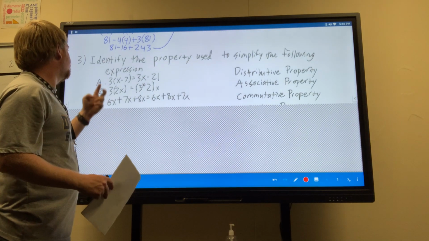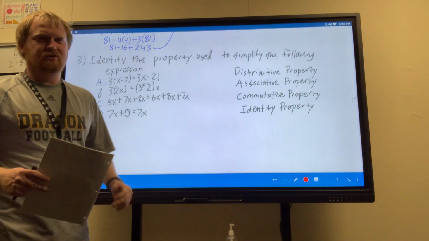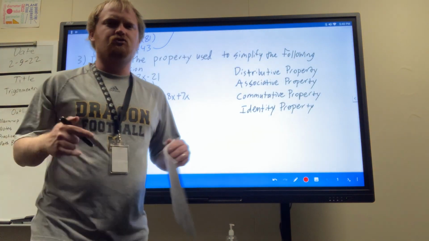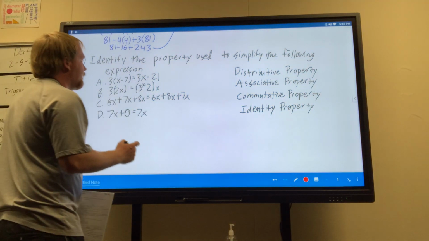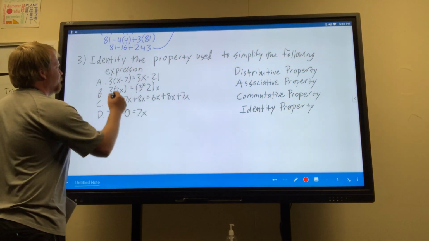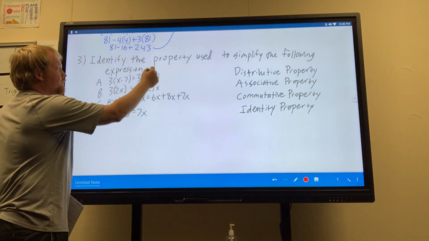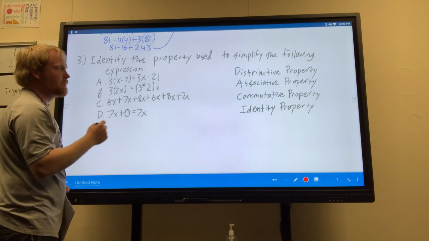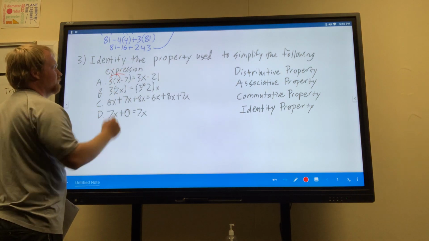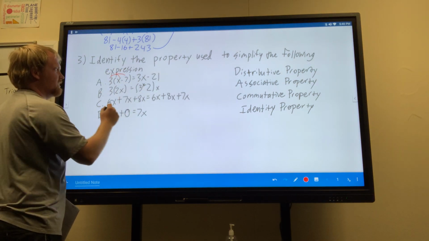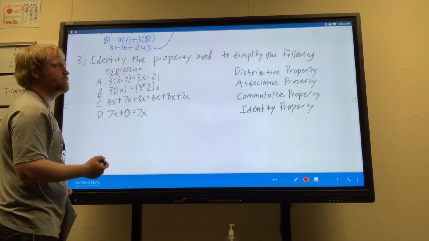And then lastly, we want to talk about different properties, okay? And which property goes where. So for A, notice that I'm going from 3 parentheses x minus 7 to 3x minus 21. I have to distribute, because 3 times x is 3x, 3 times 7 is negative 21.